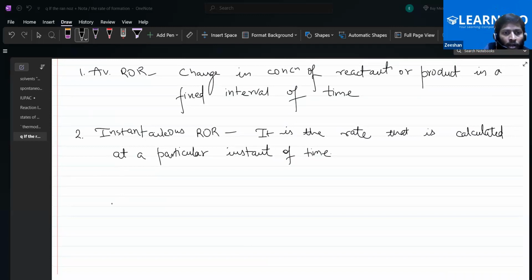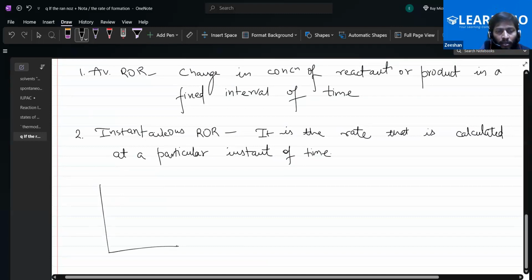Let's draw a graph of it. By time, are reactants increasing or decreasing? Reactants are decreasing with time, and products are increasing with time.